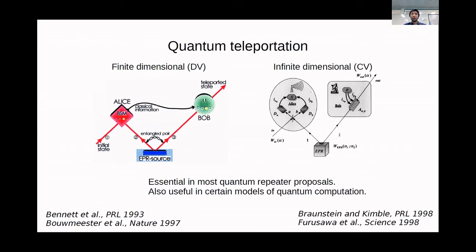It's categorized based on the dimension of the entangled state you provide to it. If you provide to it Bell states, then you can teleport quantum states such as qubits. If you provide to it an Einstein-Podolsky-Rosen entangled state, then you can teleport states of arbitrary superpositions in the Fock states.